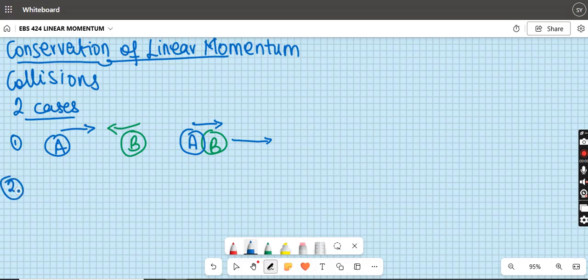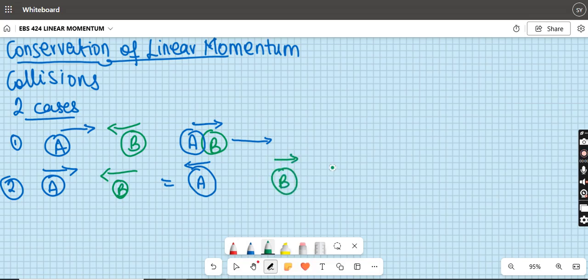The second instance is that after collision, A and B separate and move in different directions.